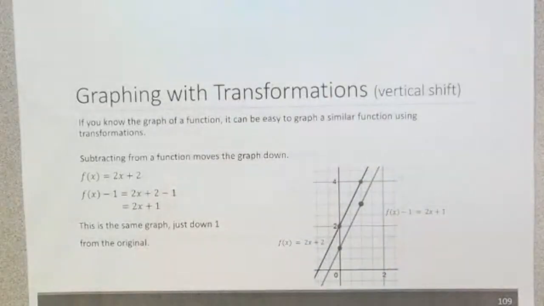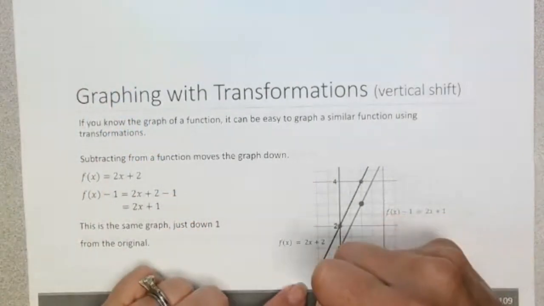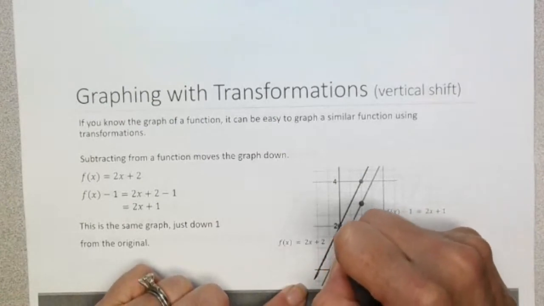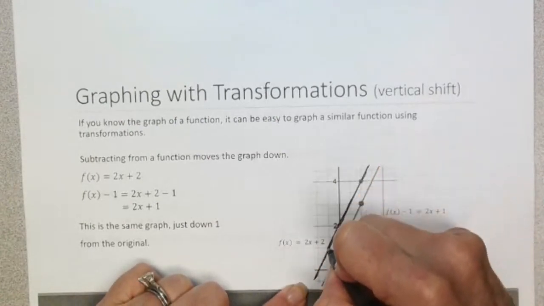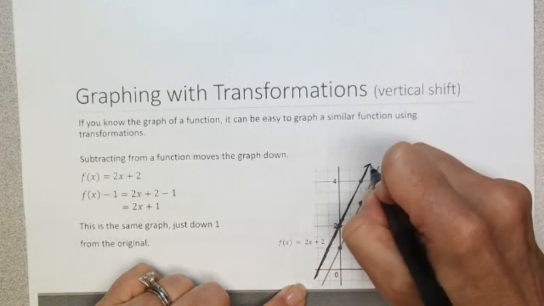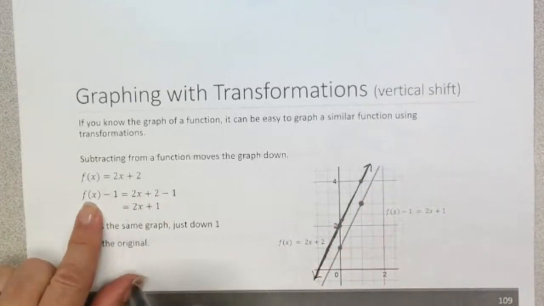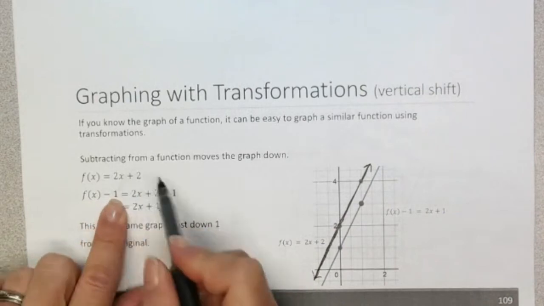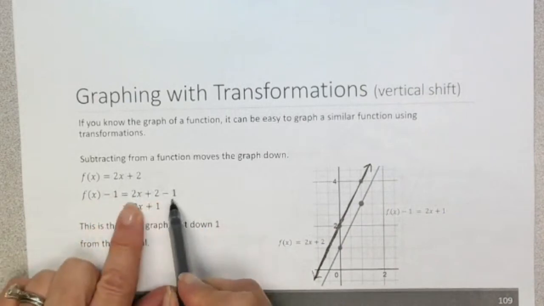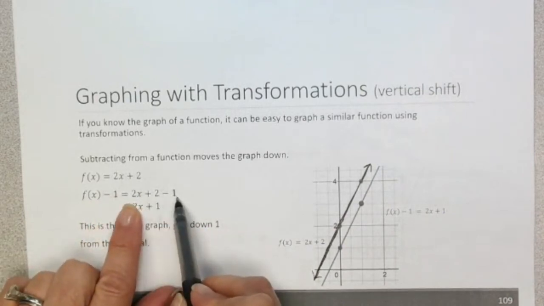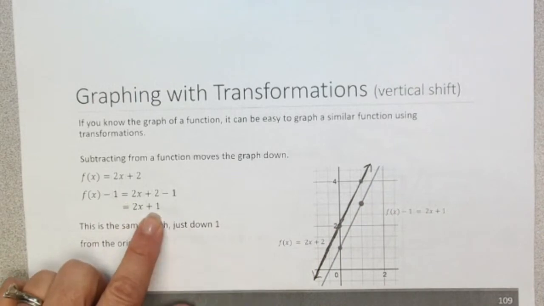Similarly, when we subtract something from a function, we're shifting it down. So if we look at that same graph, y equals 2x plus 2, or f of x equals 2x plus 2, there it is, the black one. If I subtract 1 from that function, f of x minus 1, it's going to be 2x plus 2 minus 1, or 2x plus 1.